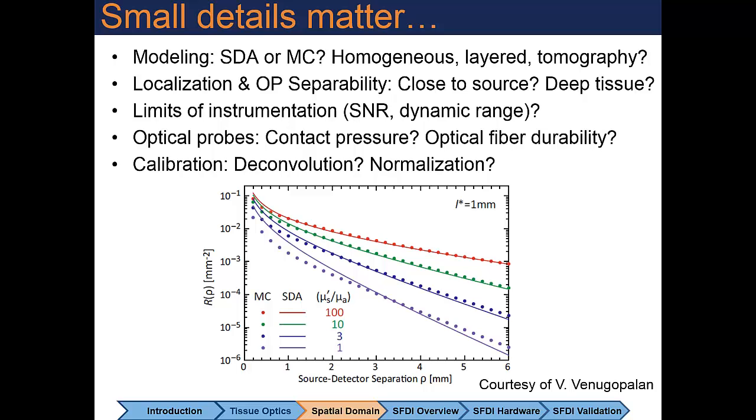They basically have disposables where they throw out sensors every time because they can't have fibers in a durable medical device. And calibration requires you to do deconvolution in space, which can be hard if you have a small number of measurements. Normalization is often an approach for a simple way of calibration, but you often lose contrast if you go from an absolute scale of diffuse reflectance to just a normalized scale where something is relative to the reflectance at a certain distance.